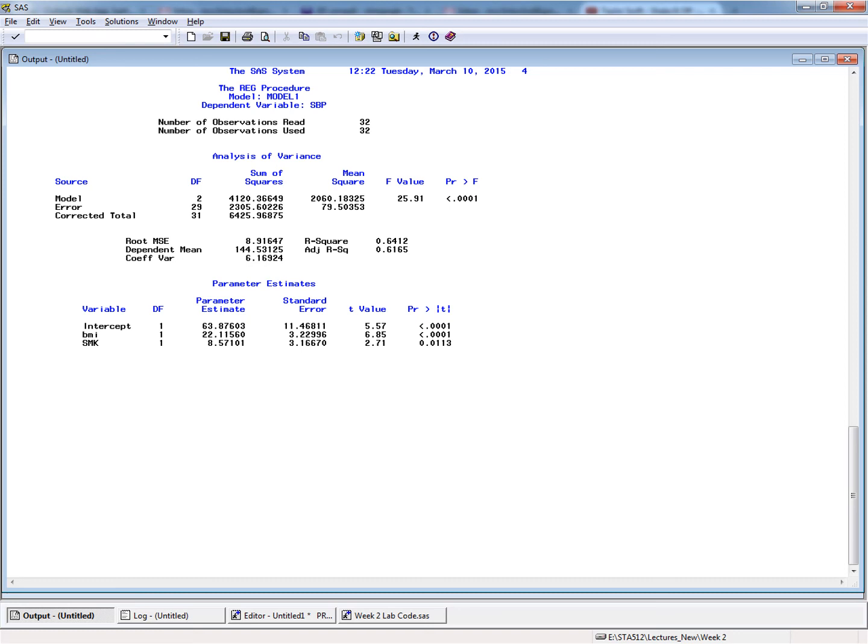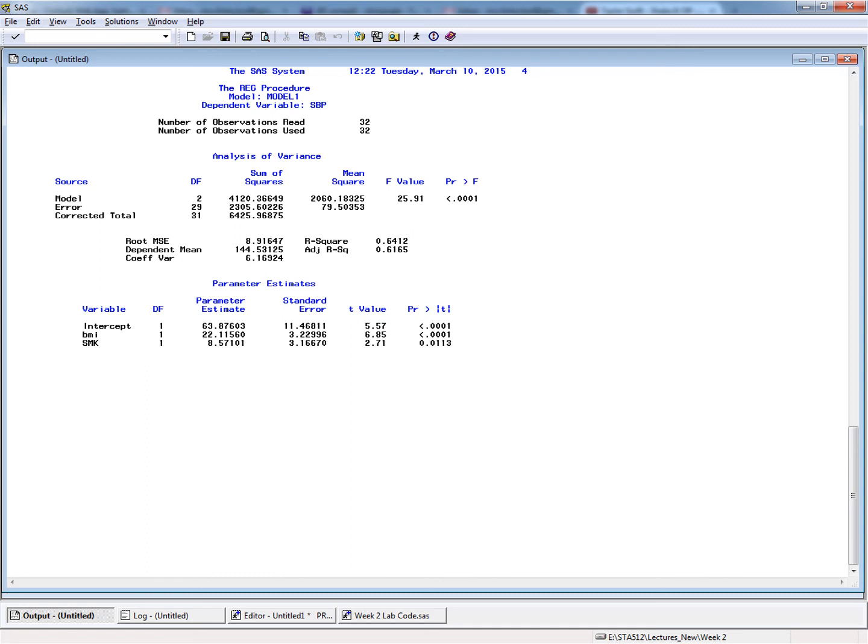Systolic blood pressure for smokers, what would that be? So remember, a person who smokes has a smoking value of 0, maybe a little unintuitive. So actually it looks like in this case, smokers have a lower systolic blood pressure.